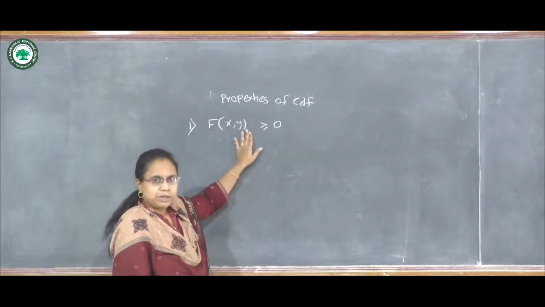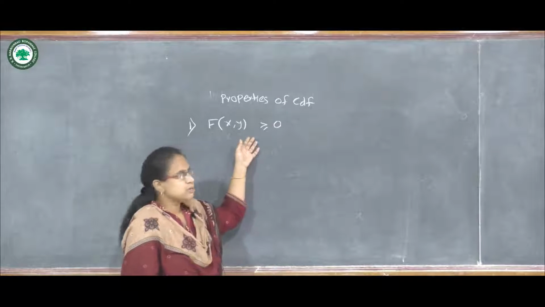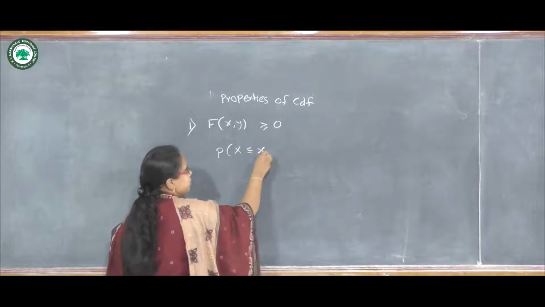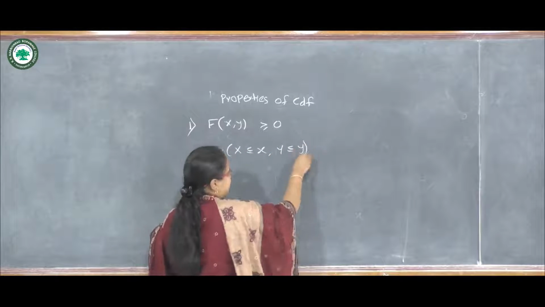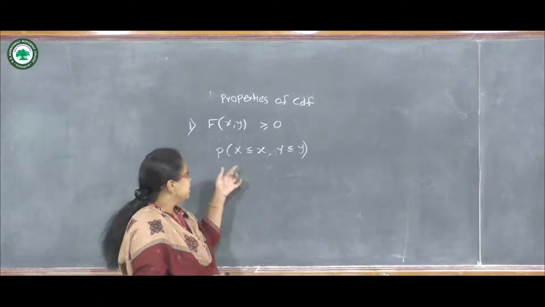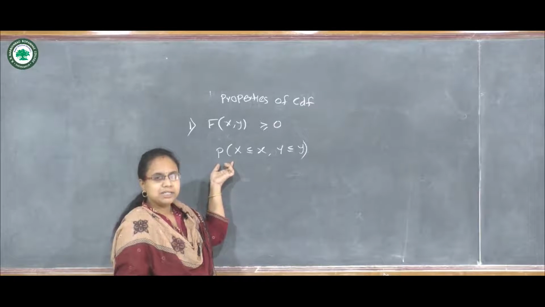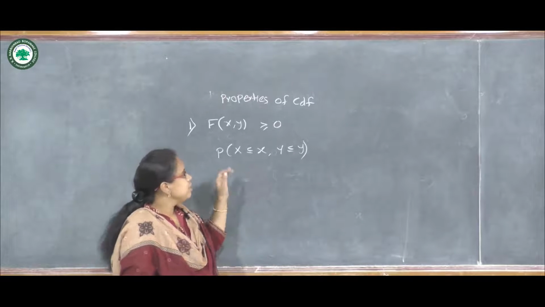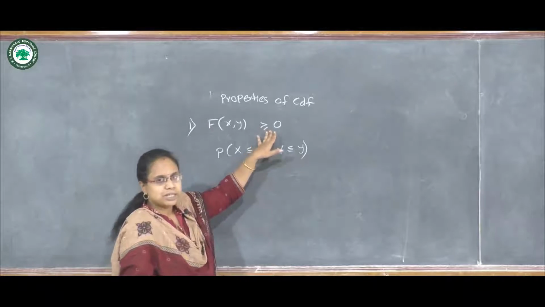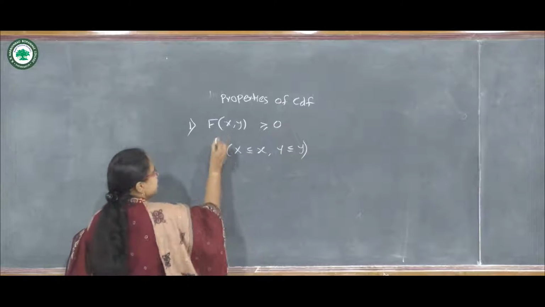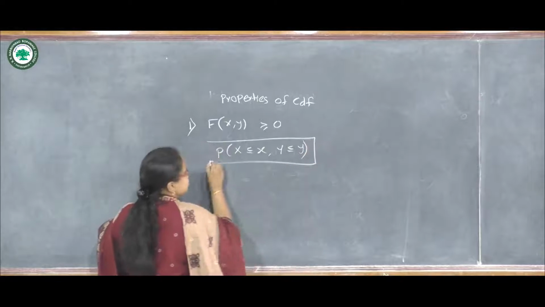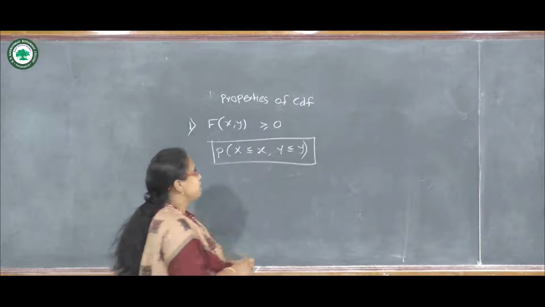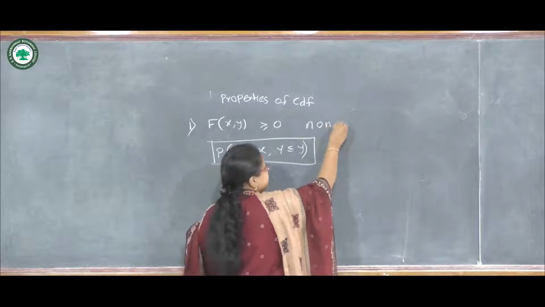This can be proved by using its definition: probability of X less than or equal to x, comma, Y less than or equal to y. As we can see, this is a probability, and probability is always non-negative. That's why the CDF is always non-negative.